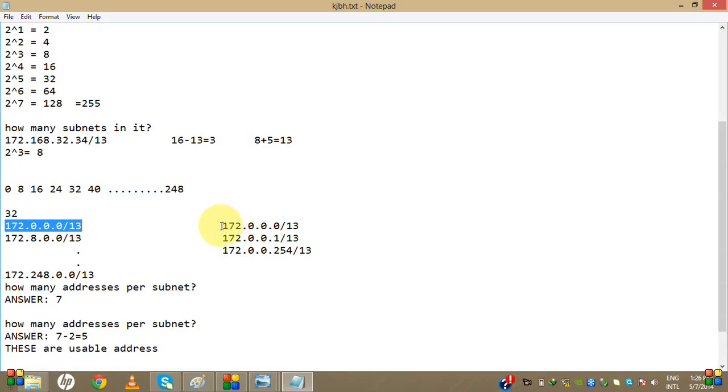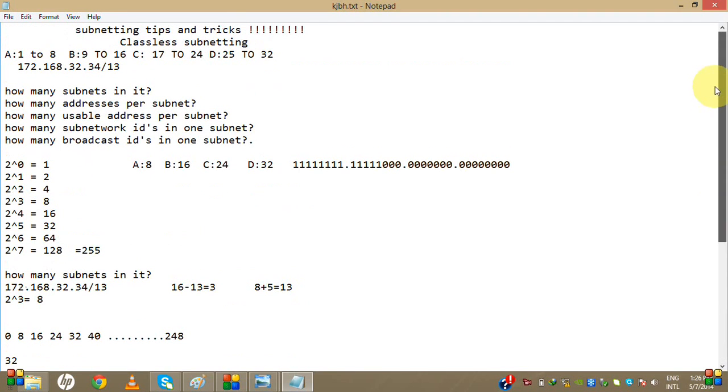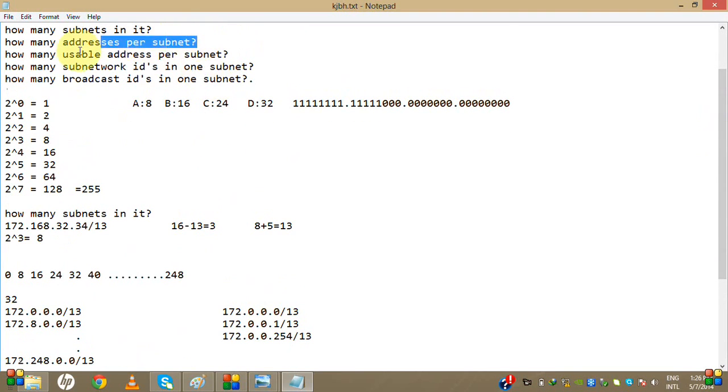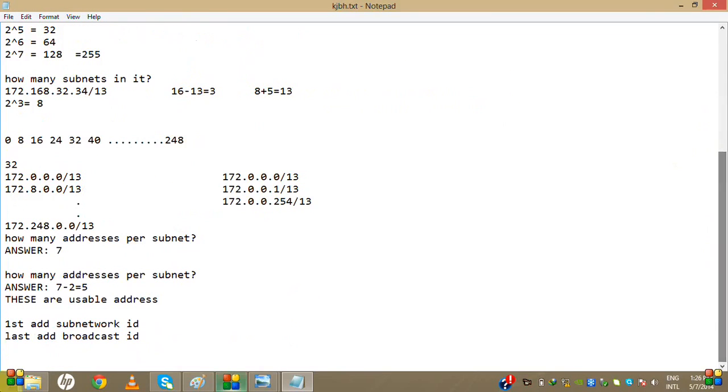Okay, and there's a formula to find the IP addresses in one subnet, which is 2 to the power of 32 minus the slash value.